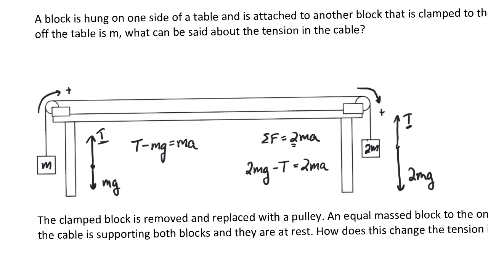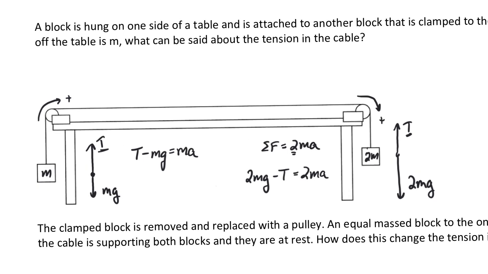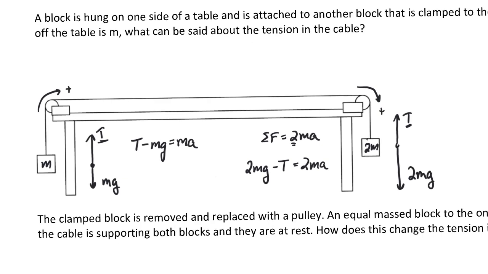Now, we want to take this and add it to the other equation. So, we're adding this equation to this equation. That's going to eliminate T. So I'm going to take and just write T minus mg equals ma, and then add them together.